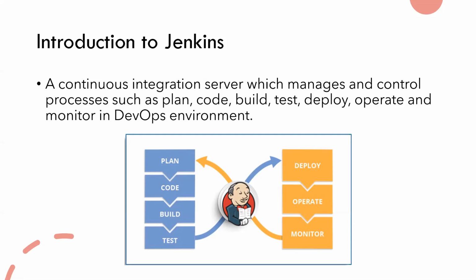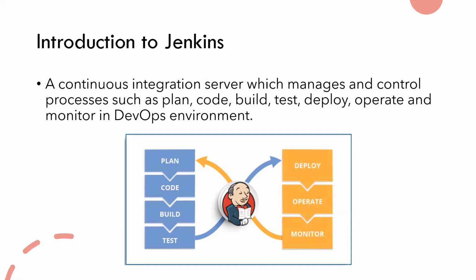If any changes are coming, it will ask Maven, hey Maven, build this code. As soon as Git says this is done, you start building the code. Once the code has been built, it will ask TestNG or Selenium, or whatever test tool you are using, to start your work. And then at the end, the deployment tool starts your deployment activity. So this is how this entire activity goes on.